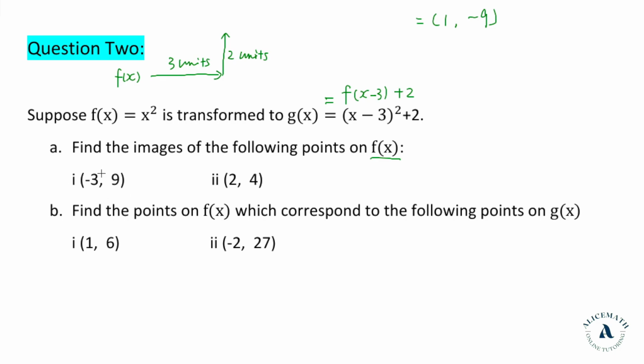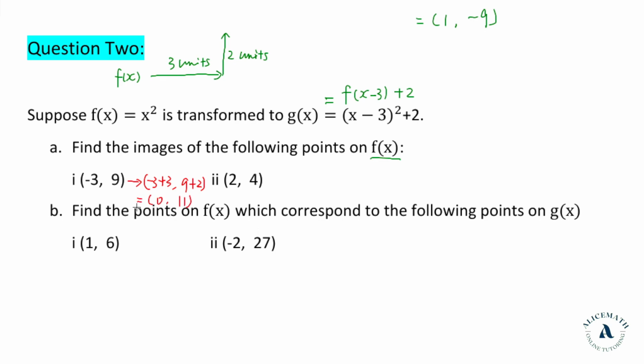So let's look at the first point. Negative 3, line. The x coordinate should add 3. So negative 3 add 3. And then go up by 2 units means the y coordinate should add 2. So the final coordinate of the corresponding point is 0, 11.